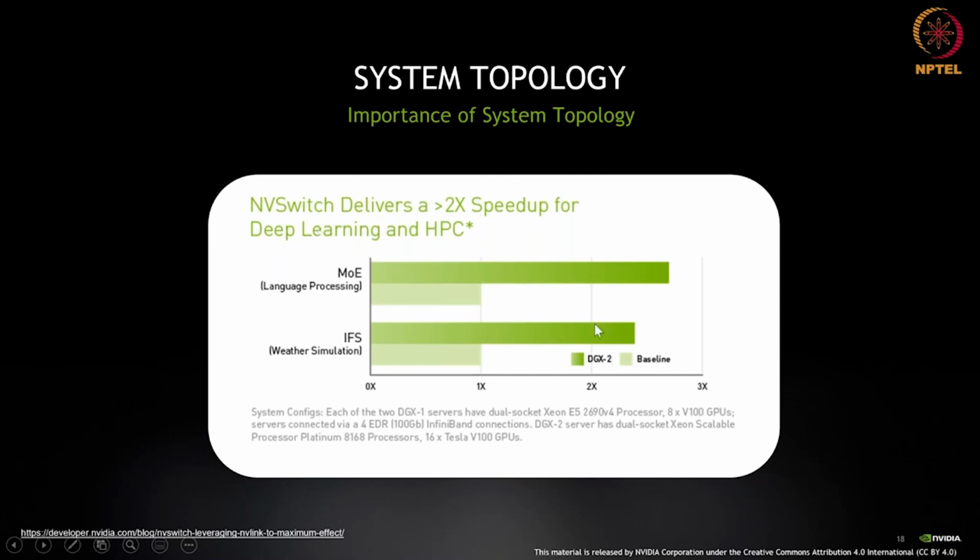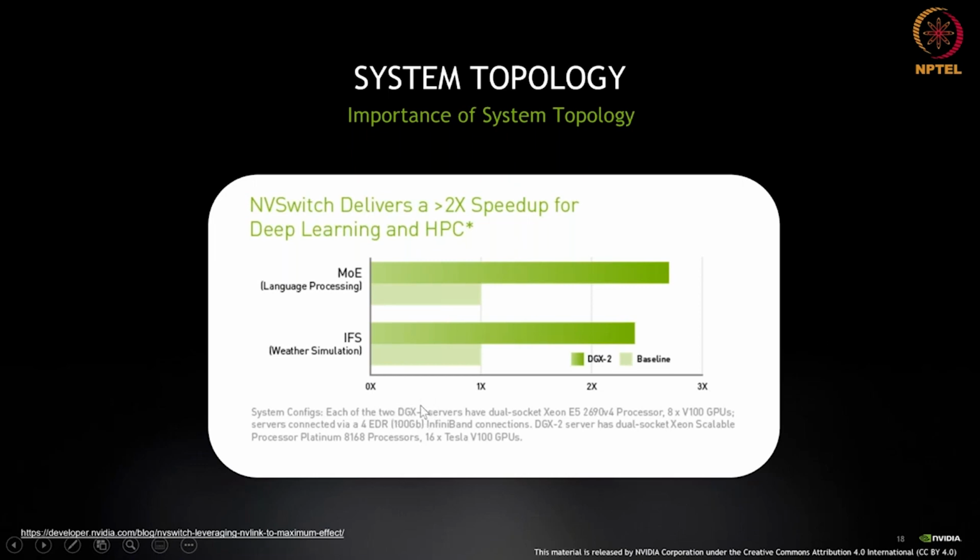This is a baseline version, and this is the version of a particular server which is referred to as NVIDIA DGX2. In the system config, the baseline consists of a server of type DGX1. DGX1 is another server.